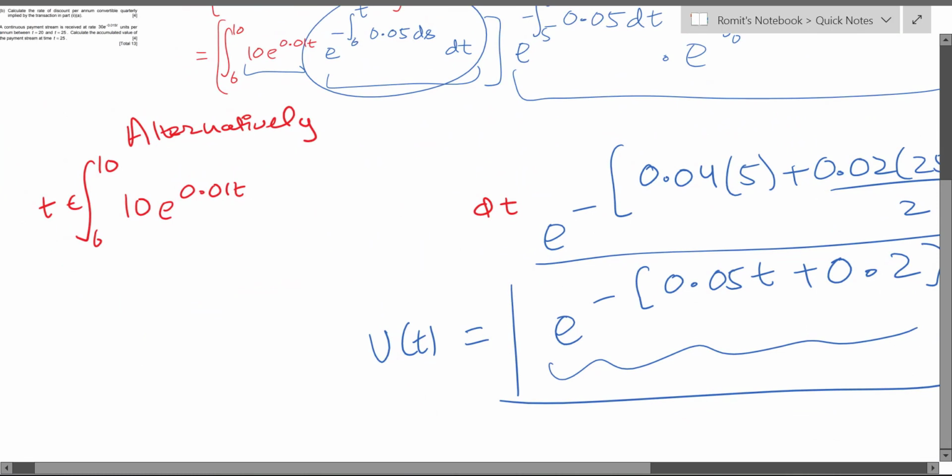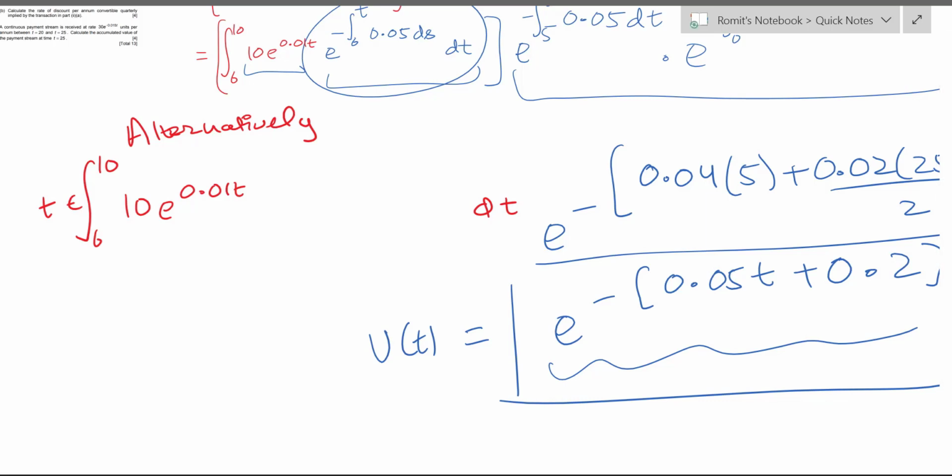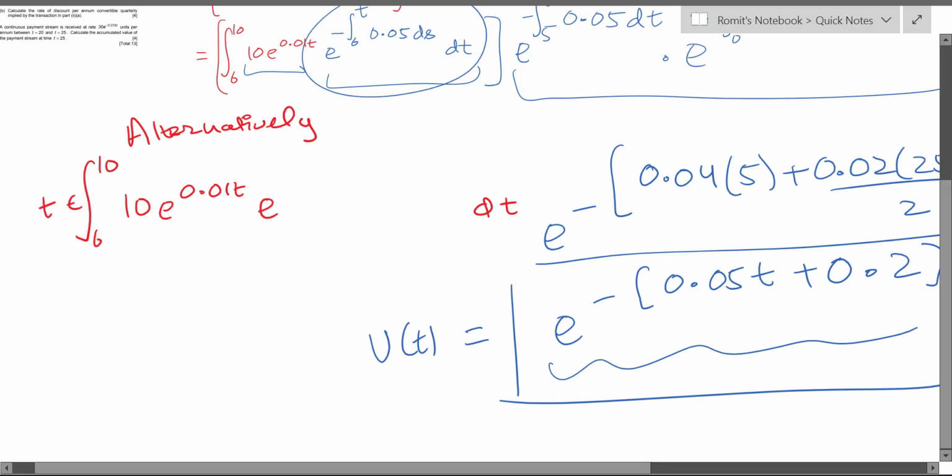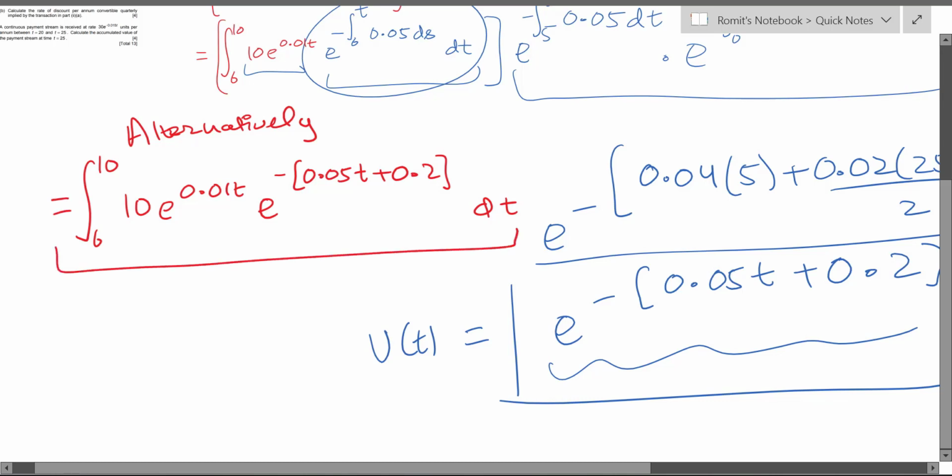So, what it becomes is, to discount the payment from time t to time 0 directly, it just becomes e to the power of minus 0.05 t plus 0.2, okay. You can just use this factor directly and this will give you your answer, okay.